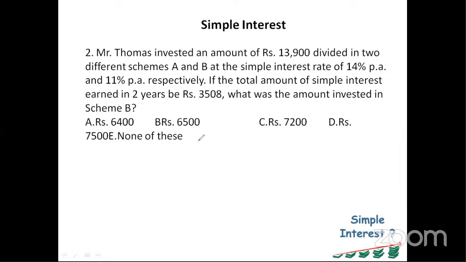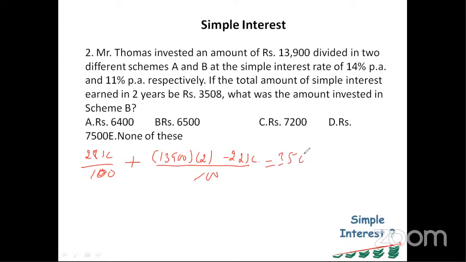So this was x into 2 into 14 becomes 28x by 100, plus this side we have 13,900 minus x into 2. So that will be written as 13,900 into 2 minus x into 2 into 11, which was 22x, again divided by 100, is equal to, right hand side, 3,508.